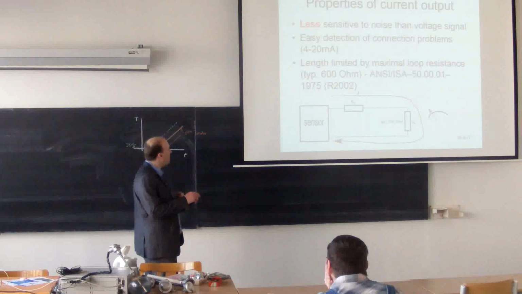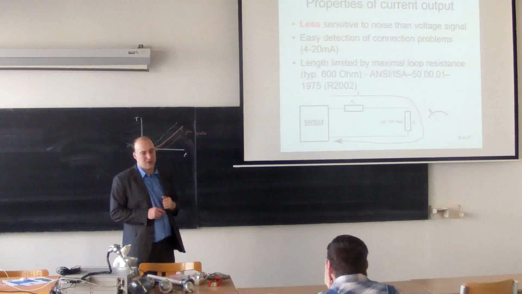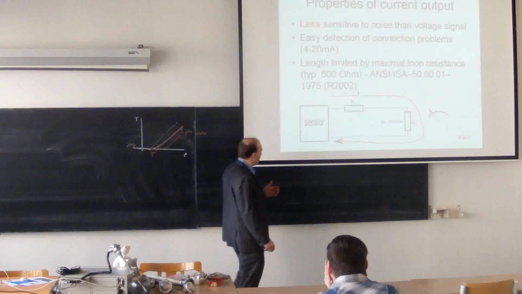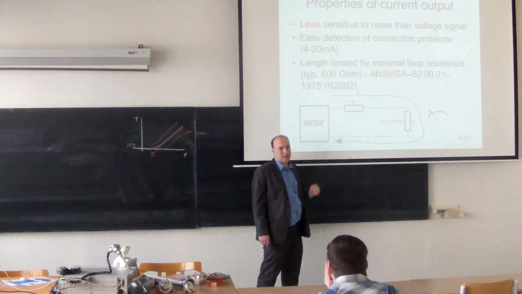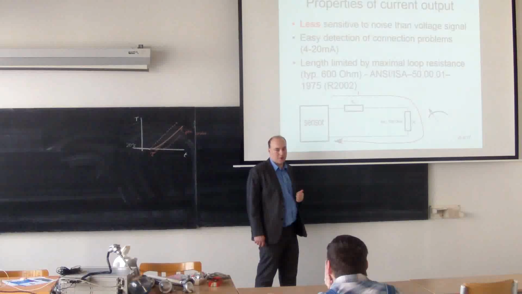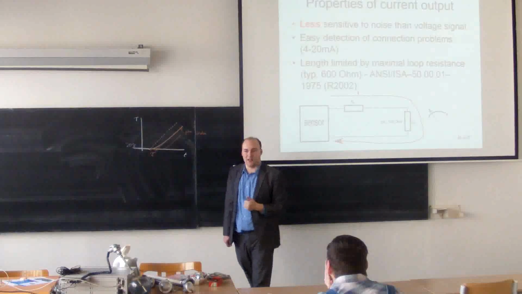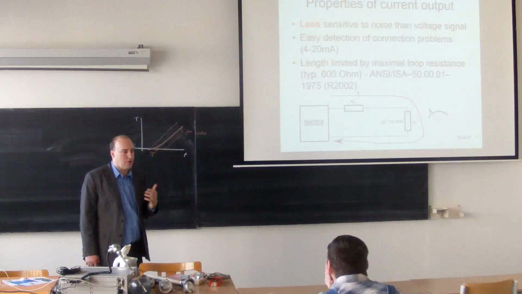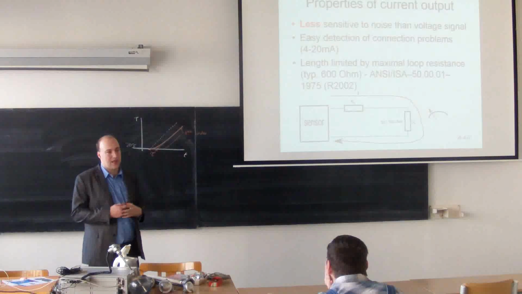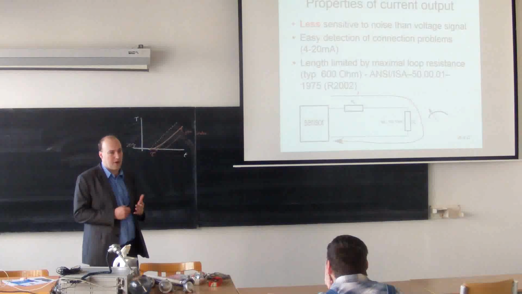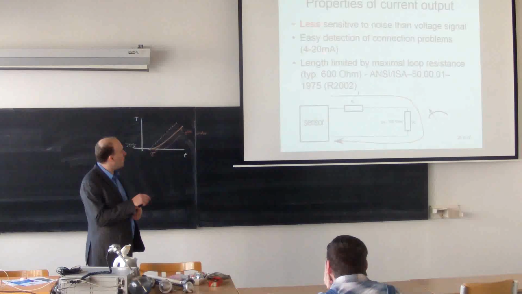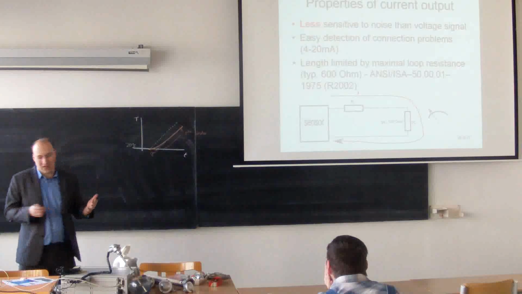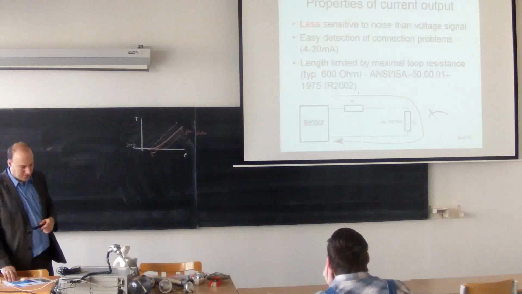Because I know that the minimum value of current that I measure should be 4 milliamperes. If there is some broken wiring, the current will drop to 0. So I can immediately detect that there is a problem with the connection. So for all those reasons, the most common type of sensor output that you will find in industry is from 4 to 20 milliamperes. So it's a standard value.